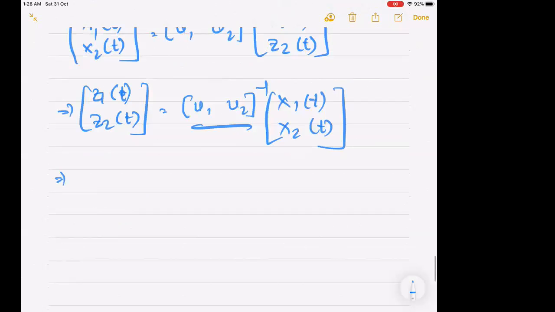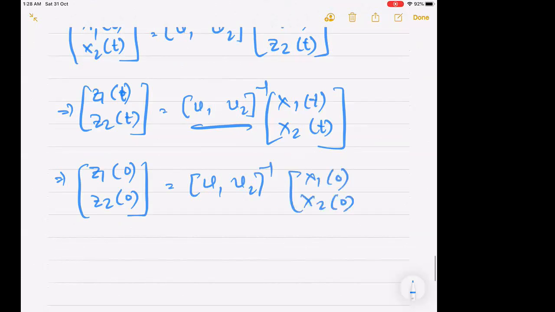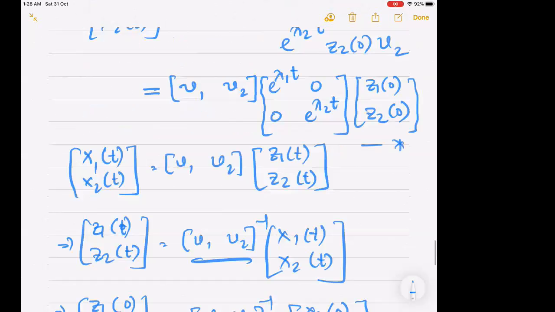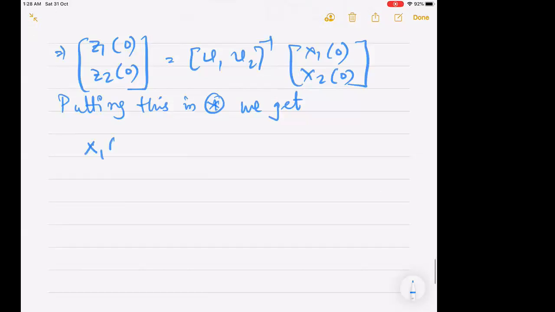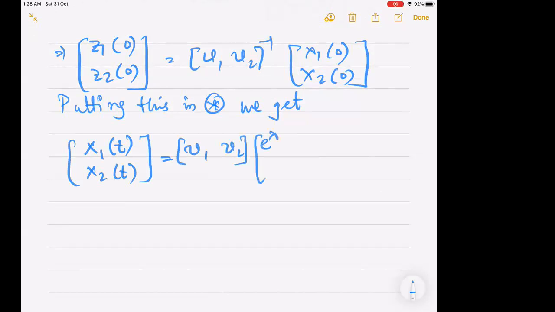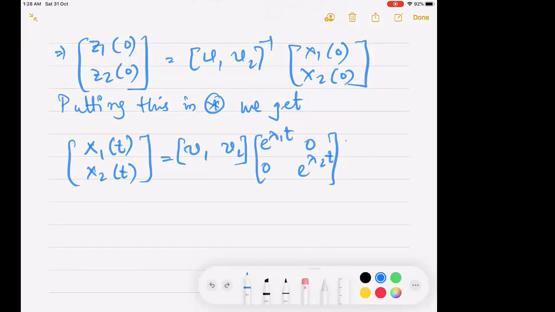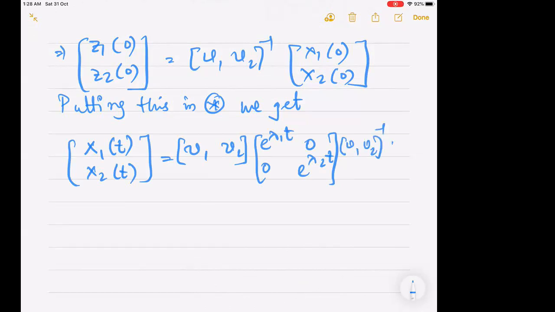So in particular, z1(0) z2(0) is equal to v1 v2 inverse times x1(0) x2(0), which then, putting this in equation star, we get the solution x1(t), x2(t) is given by v1, v2, the matrix e to the power lambda 1 t, 0, 0, e to the power lambda 2 t, then v1, v2 inverse x1(0), x2(0).